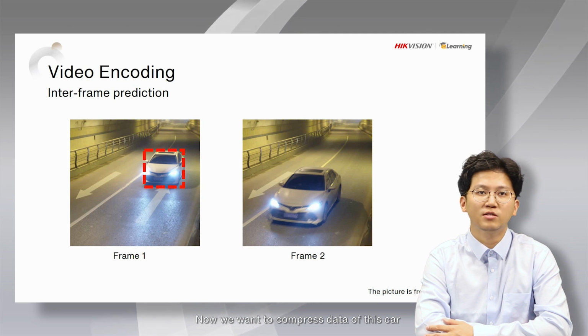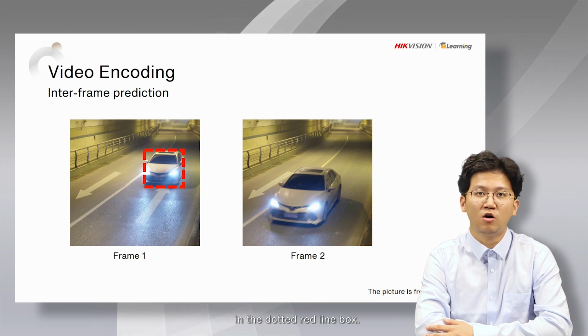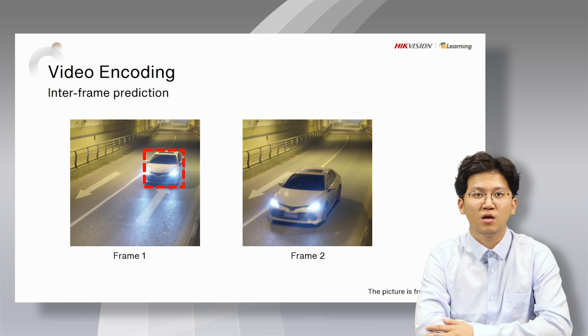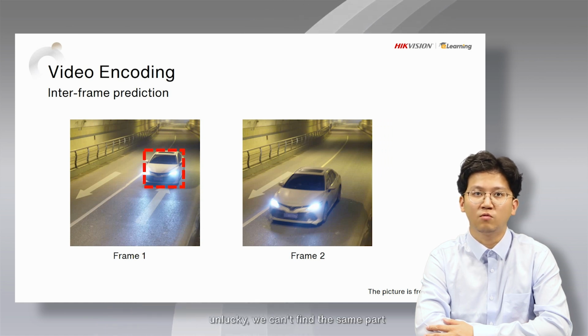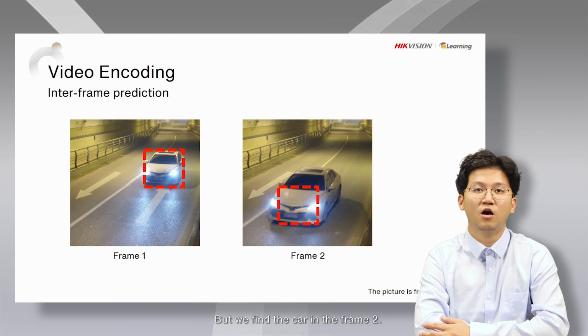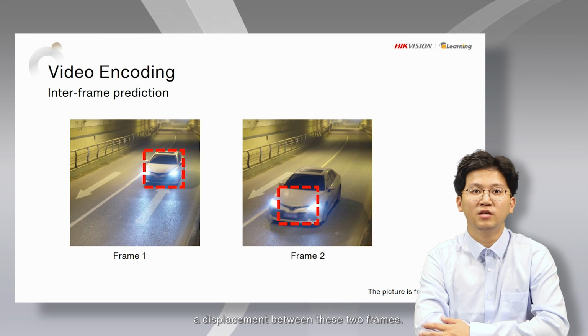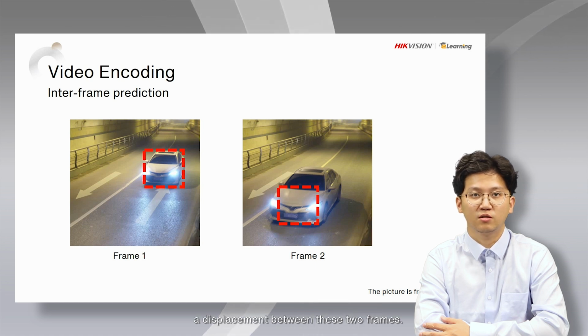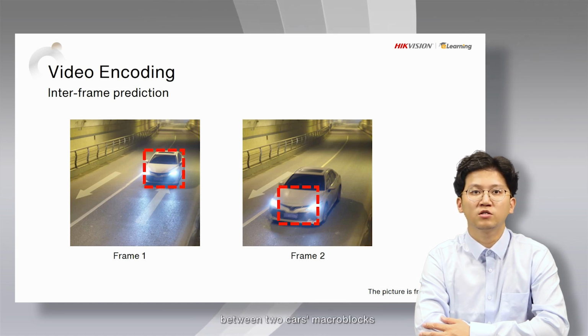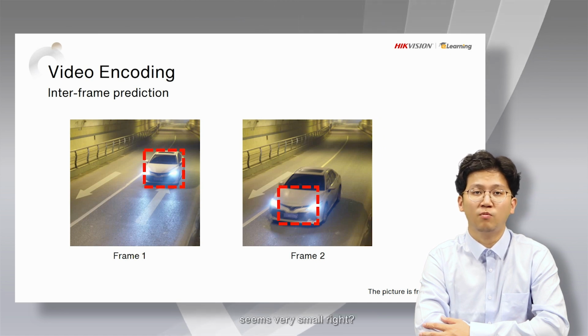Now we want to compress the data of this car in the dotted red line box. According to intra-frame prediction, unluckily we can't find the same part, right? But we find the car in frame 2, right? This moving car is basically a displacement between these two frames. The difference between the two cars' macroblocks in these two frames seems very small, right?